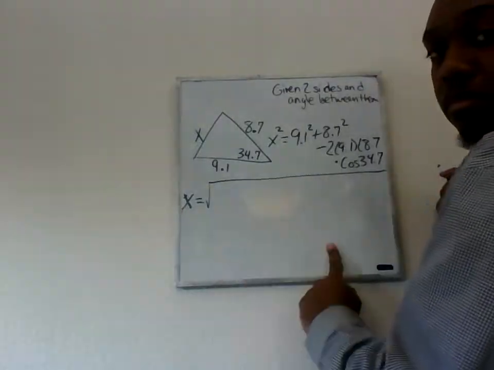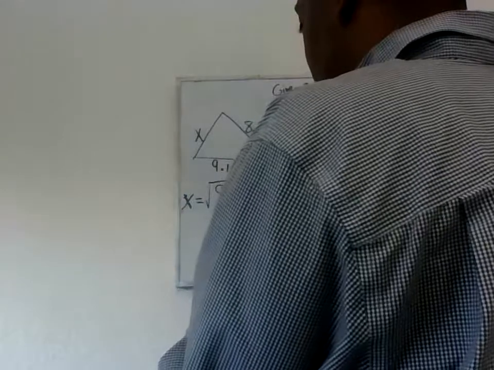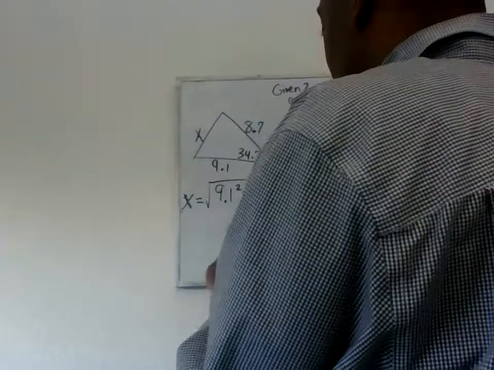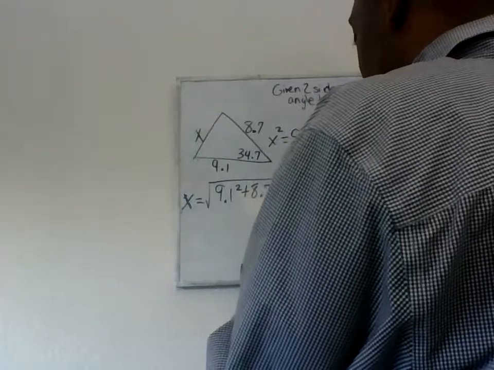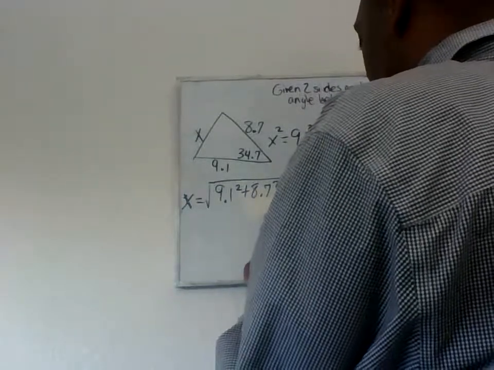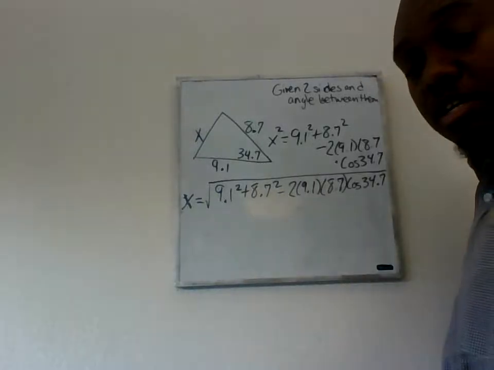So x equals the square root of 9.1 squared plus 8.7 squared minus 2 times 9.1 times 8.7 times cosine of 34.7. All of that's under the square root.